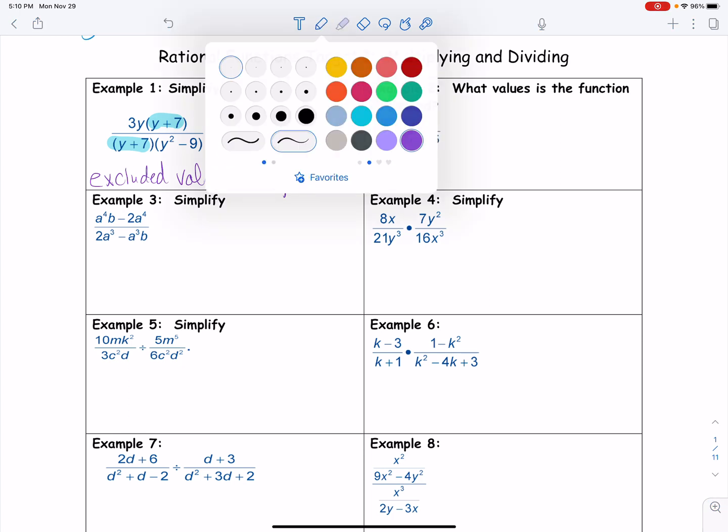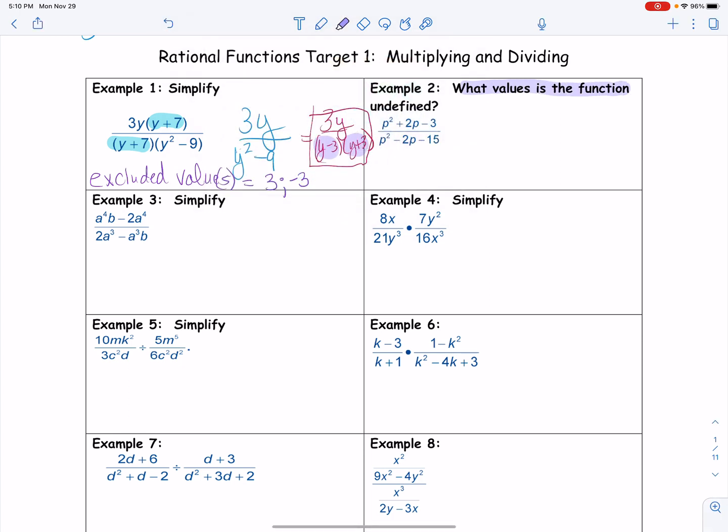On the next question, it says, what values make the function undefined? You can't find undefined values from the way that this is written. So what makes this function undefined? Well, the top, I can factor it. It's p plus 3 and p minus 1. And on the bottom, that would be p plus 5.